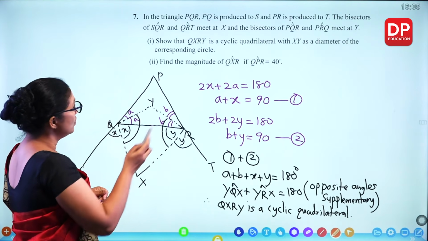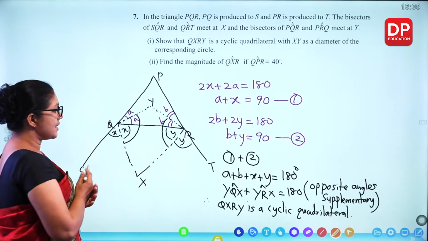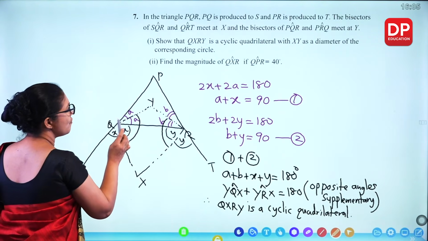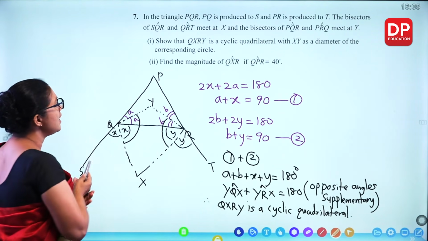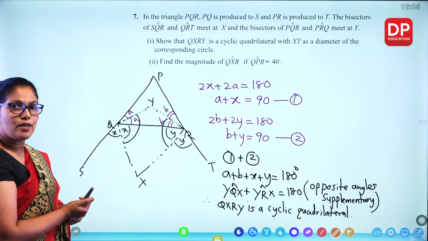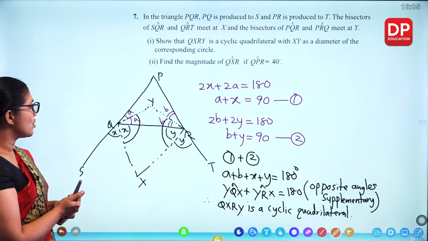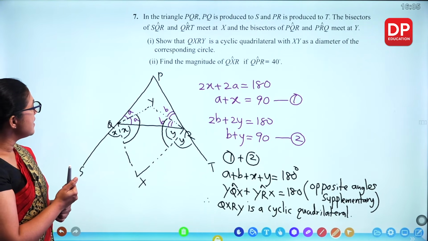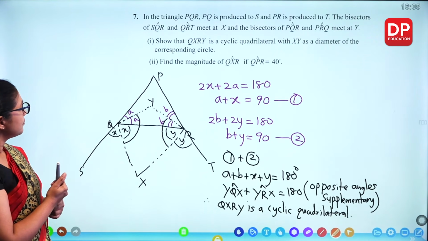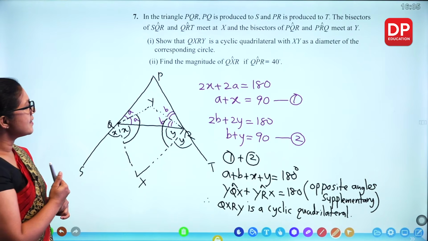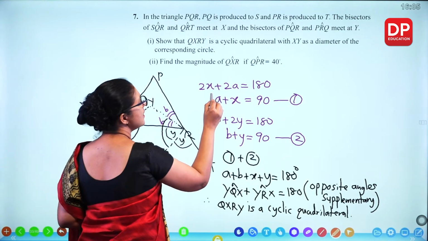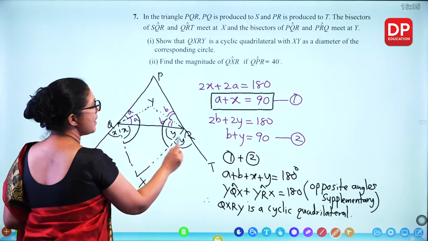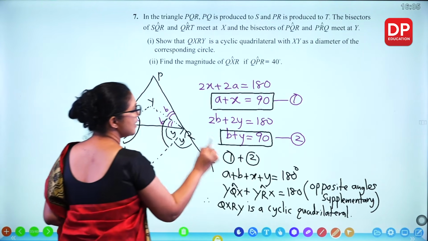Now we have to find out this is diameter. How can we show this is diameter? We need to say these two are equal. Then only you get 90 degrees each. How can we show that this is 90 degrees? A plus x, here already it's there. A plus x is 90, b plus y is 90.